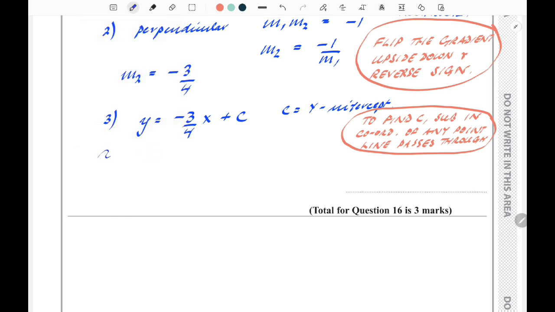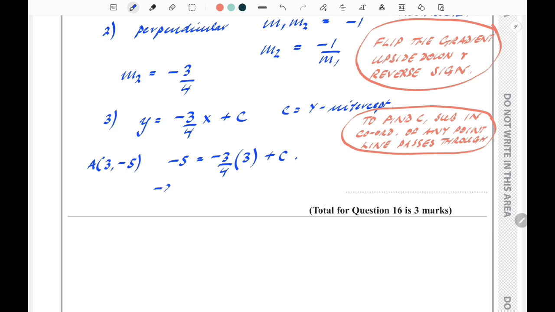So A is 3, -5. So y equals -5 when x equals 3, and plus c, all right? So what are we going to do? I think the best thing is multiply everything by 4.